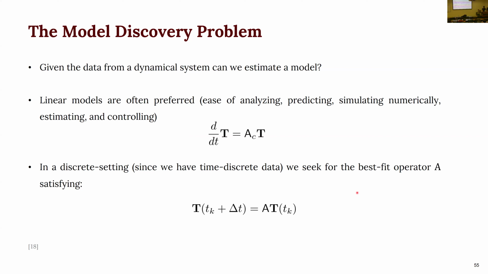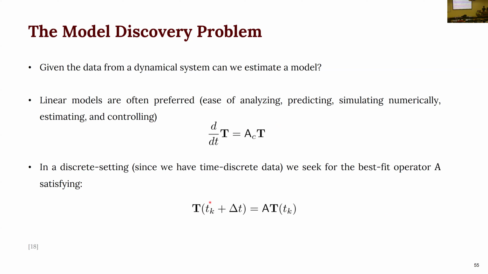So here, for example, this is an equation of a linear model where A_c is the continuous time operator that governs the system's dynamics. But many a times our data is not continuous. It's discrete and collected at specific time intervals. So it's more practical to find the discrete equivalent.